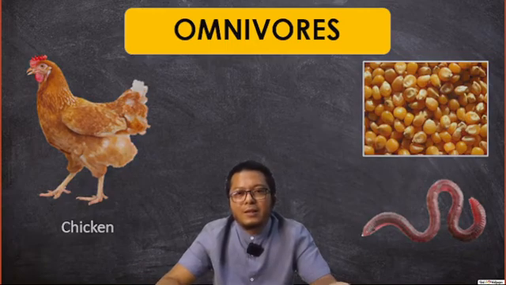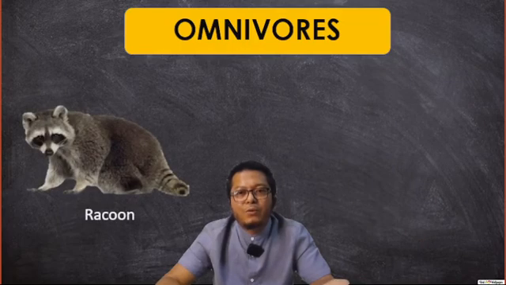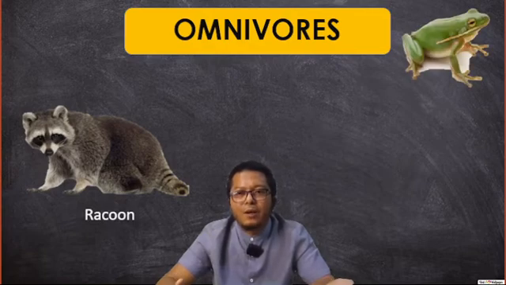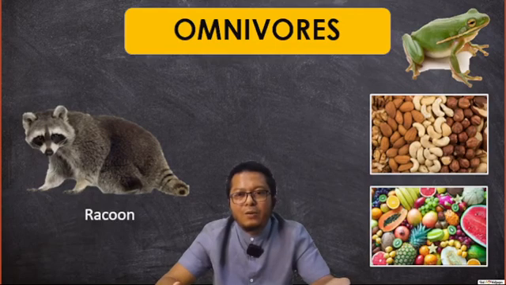Yes. Next, animals that are in the omnivores group are raccoon, like in the TV, the superhero thing. It's a raccoon. I don't remember its name, but it's a raccoon. And raccoon eats frog. Raccoon eats nuts. Raccoon eats fruit. Now they are in the omnivores group.